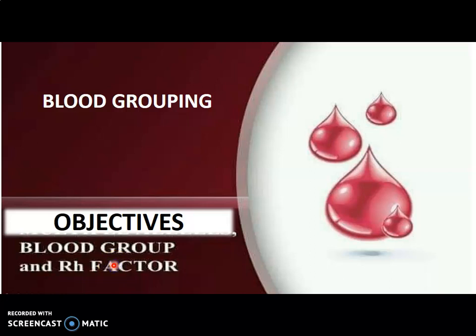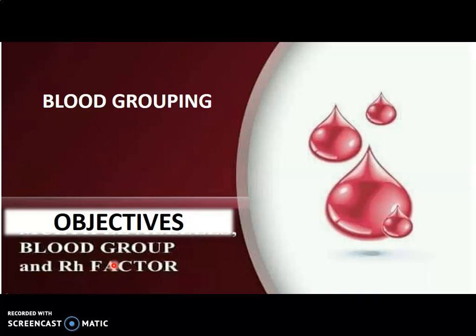Welcome to our class. This week we'll be looking at blood grouping, a very important topic when it comes to probability in genetics. Here you will see that for a while now our questions in genetics have been in one way or the other linked to blood grouping.